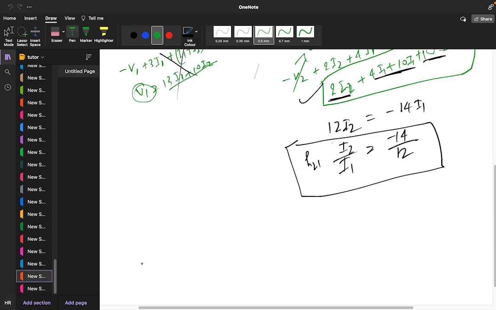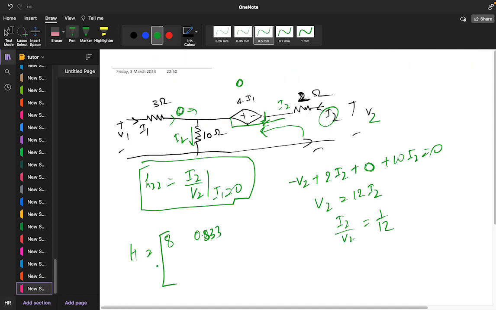Minus 14 by 12, it's minus 1.166. And H22 is 1 divided by 12, so it's 0.0833. We got the result of H.